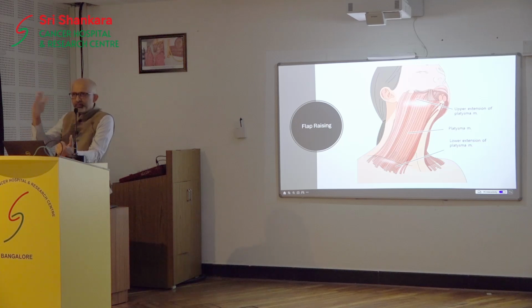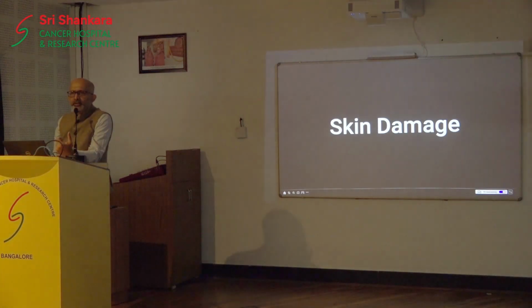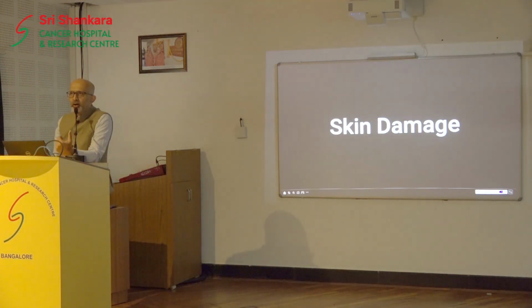What is important to remember is the platysma is deficient in the center, and that matters when you have to raise a flap, especially in open thyroid, yes, but there it matters less because you are directly in control of it. But when you are doing minimal access, you have to be aware of how to protect the flap.